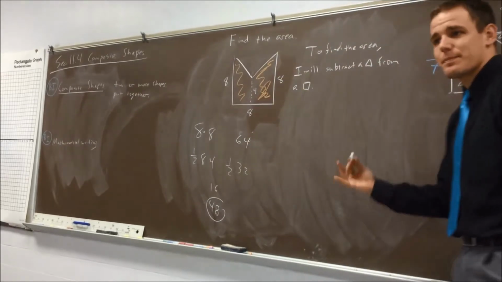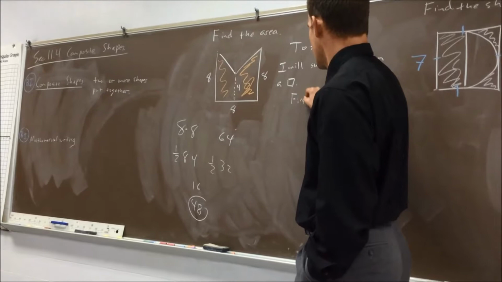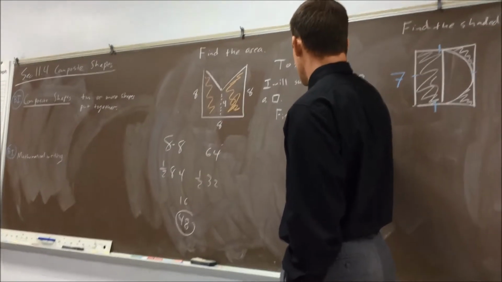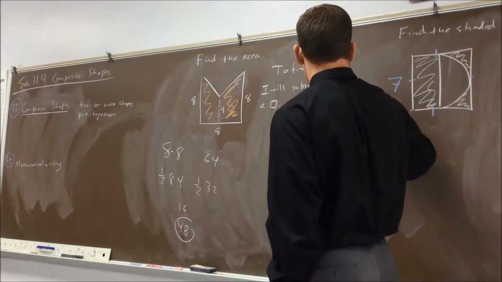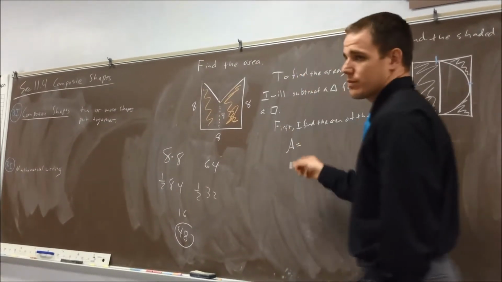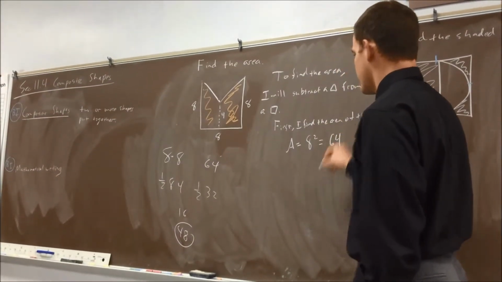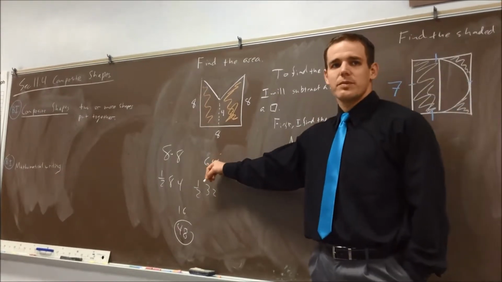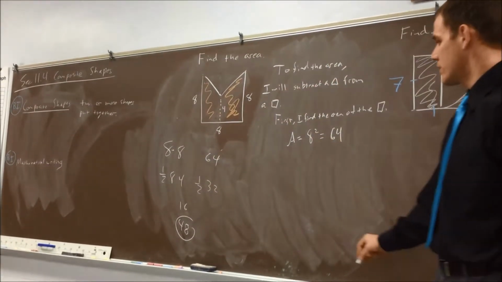So first, I find the area of the square. Area of a square we know is just length times width, or 8 squared would be 64. Oh, that's where Mr. Kuhne got that, right? But this kind of tells us what's going on.